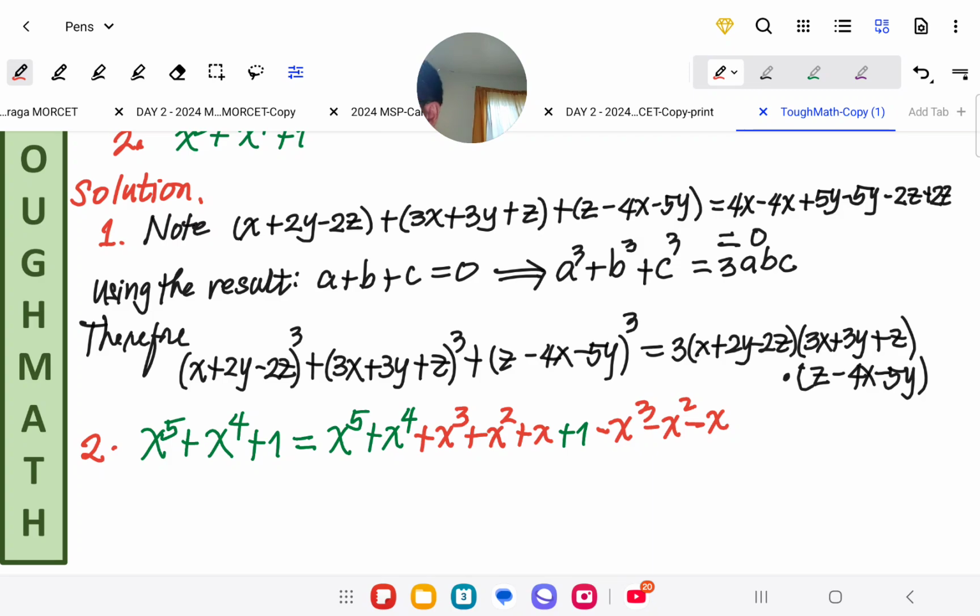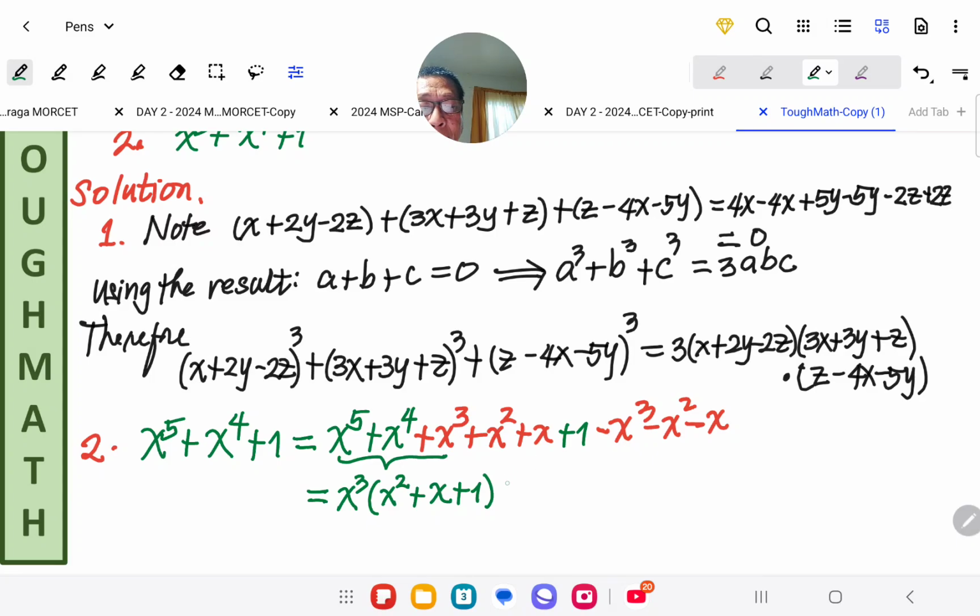Okay. So the first three terms can be written as x^3 times (x^2 + x + 1).